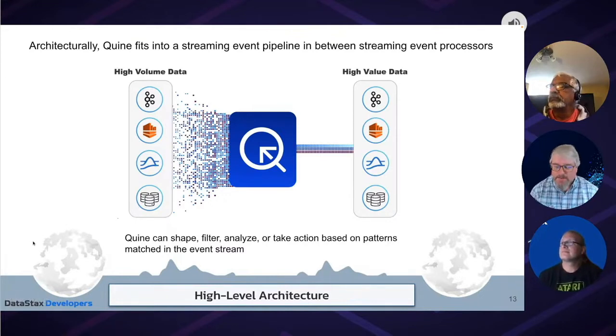So architecturally, if you're thinking about where Quine fits into your data pipeline, it's in between a source and a sink. So what we do is we will connect to, say, a Kafka topic, and we will read that topic, and we'll take all of the information inside of that topic. And we can take multiple topics.